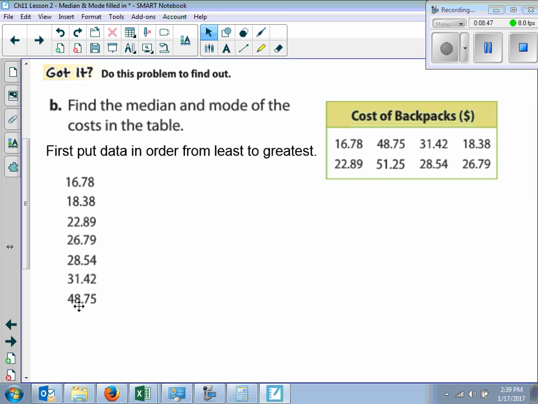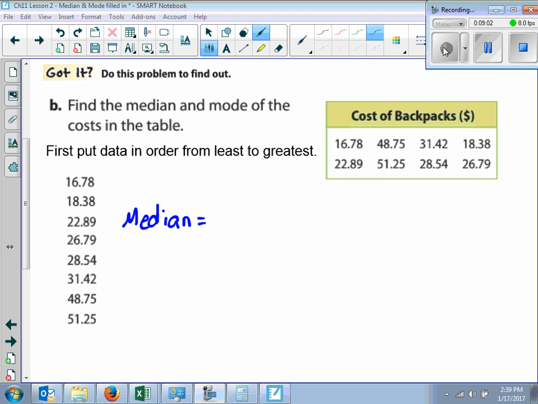Then we have $48.75 and finally $51.25. So now there's our data in order from least to greatest, and now we can find our median.